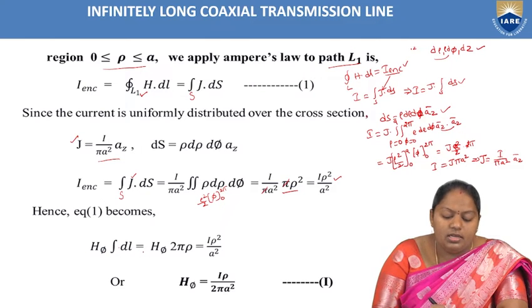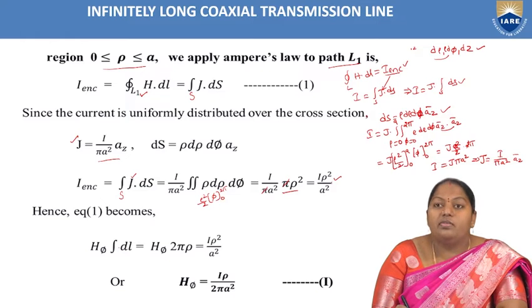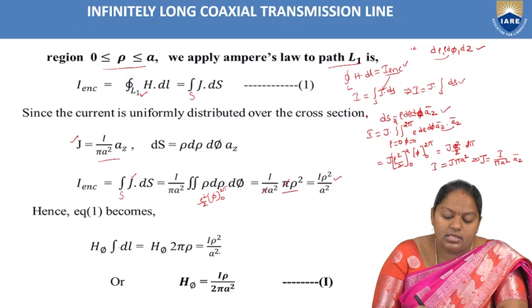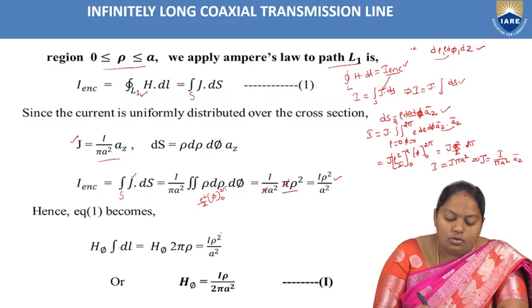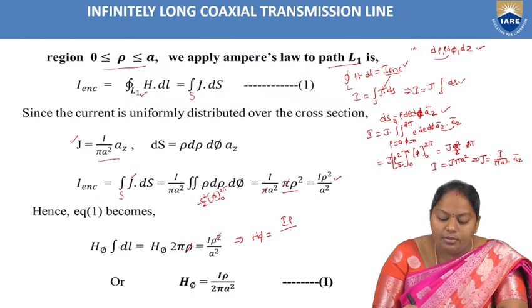So h phi into 2 pi rho is equal to I enclosed, which is given by I rho square by a square. Hence I rho square by a square equals h phi into 2 pi rho. So this rho and this rho get cancelled. From that, h phi equals I rho by 2 pi a square.